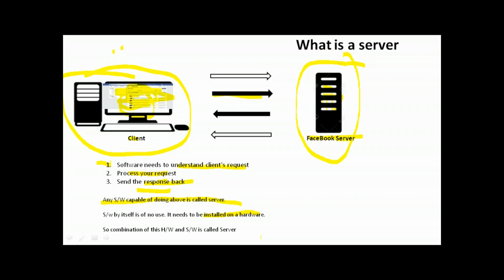Then you can start using this server program. And over a period of time, people started calling the hardware on which this program is installed a server too. Now the latest definition is that a server is a combination of hardware and software, because the software alone is of no use.